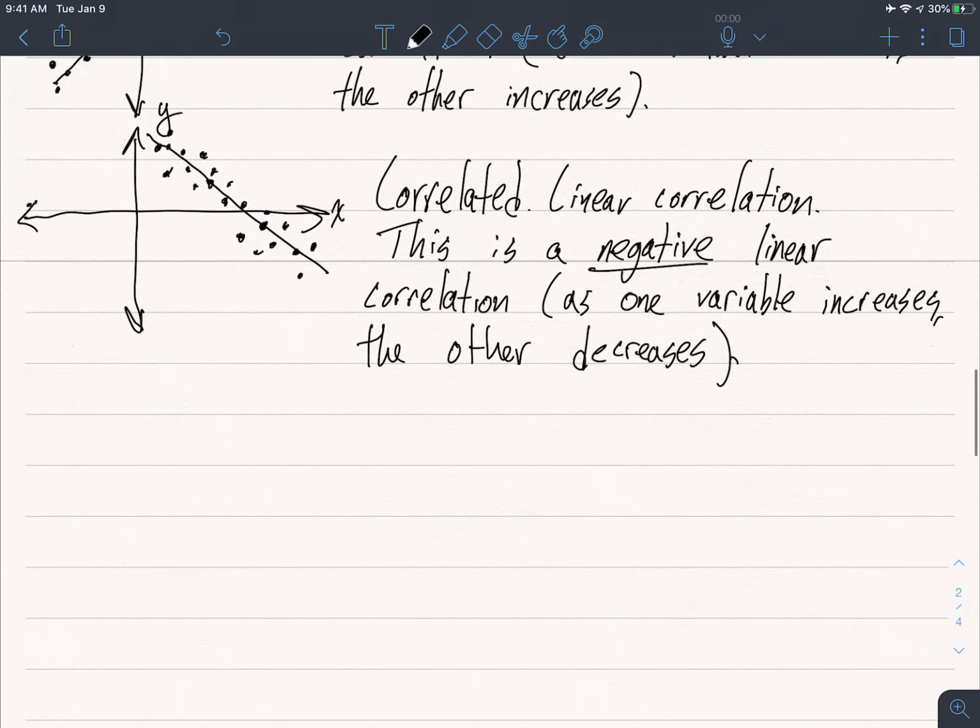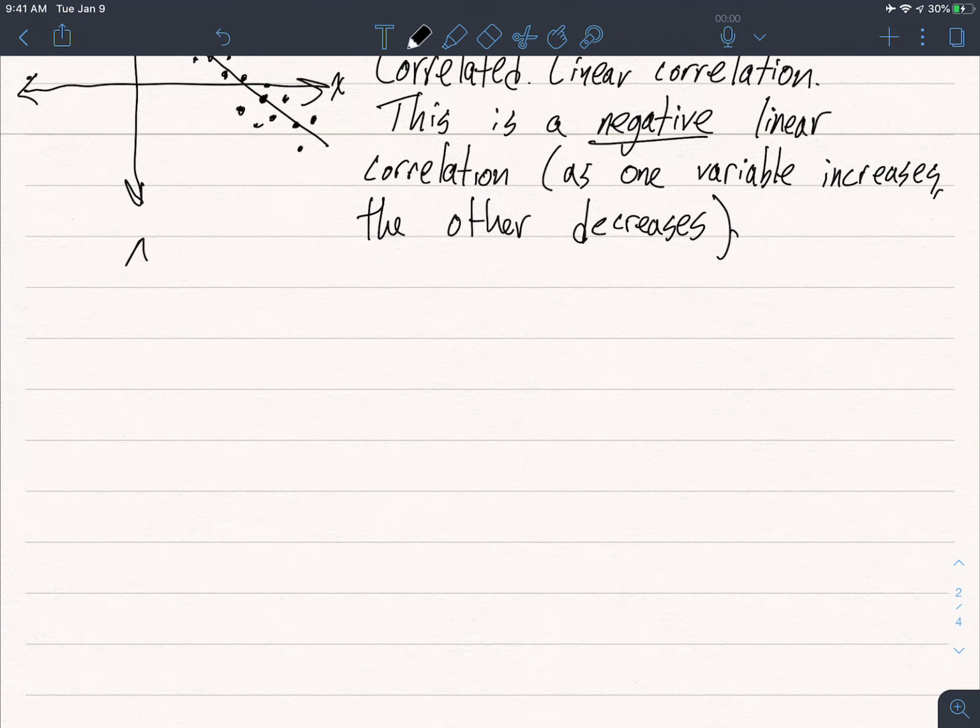Let's get a few more examples of scatter diagrams, because they're not going to all look like that, right? All right, here's another scatter diagram for us. Let's say it goes like this. Here are my points.